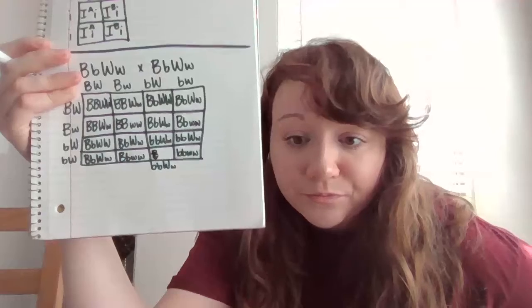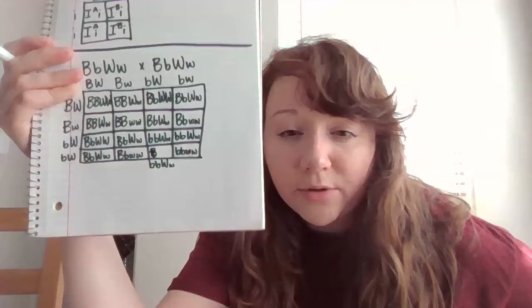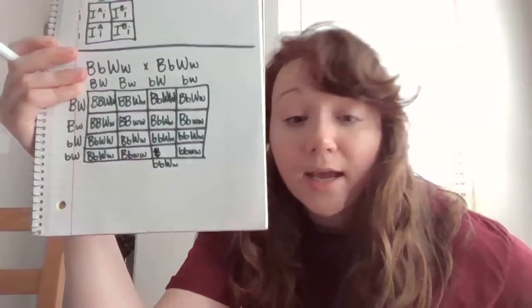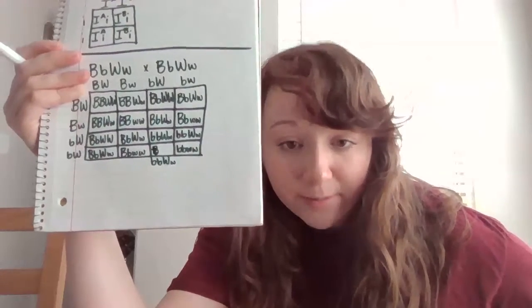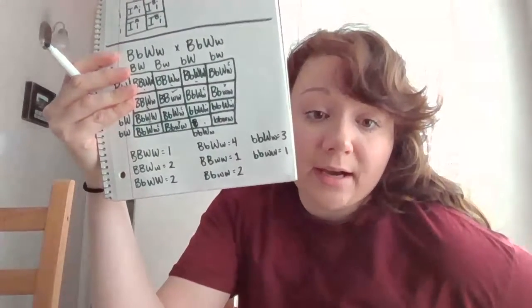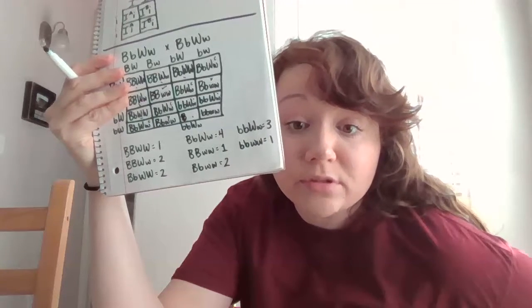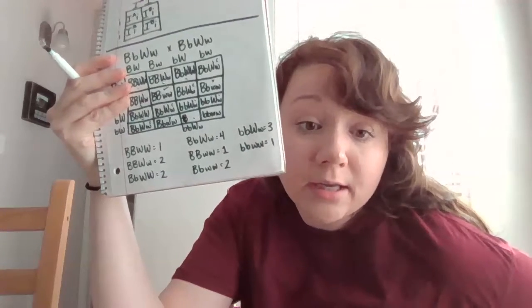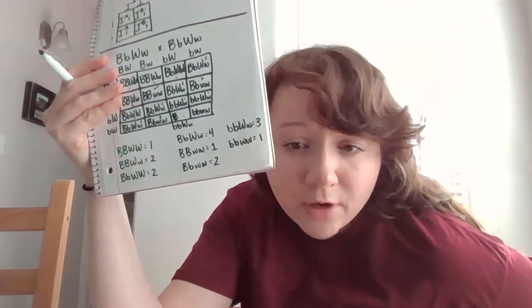And they want to know what are the genotypic and phenotypic probabilities of the offspring. So now we're going to count out all the ones that are present for the genotype and see what those phenotypes mean. I wrote out all of the genotypes that I saw and counted how many of each there were. Obviously the greatest number is going to be the erminette, which is heterozygous for that trait of codominance.